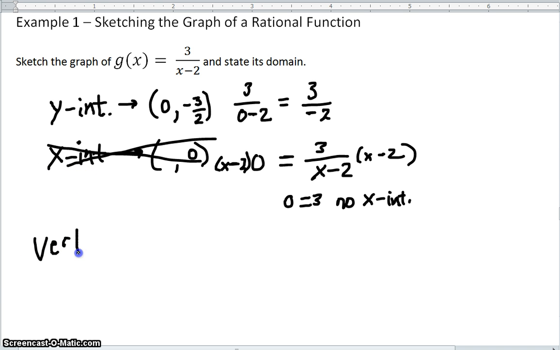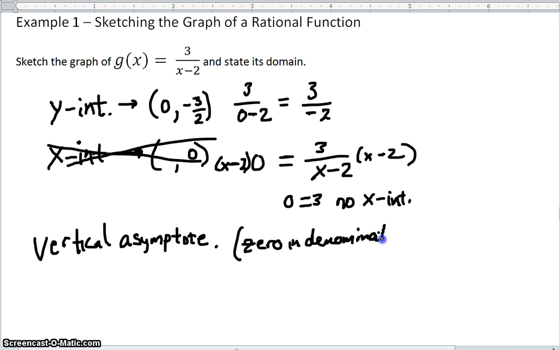Now I need to talk about where there is a vertical asymptote. Vertical asymptotes are where the function doesn't have a value evaluated at the denominator. So if we look at this, where is there a 0 in the denominator? Well, in this function, x minus 2, it happens at x equals 2.